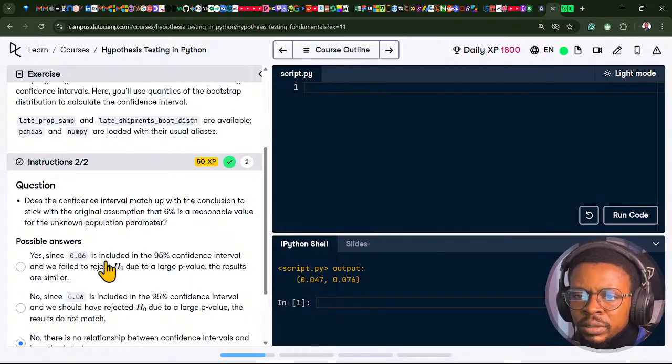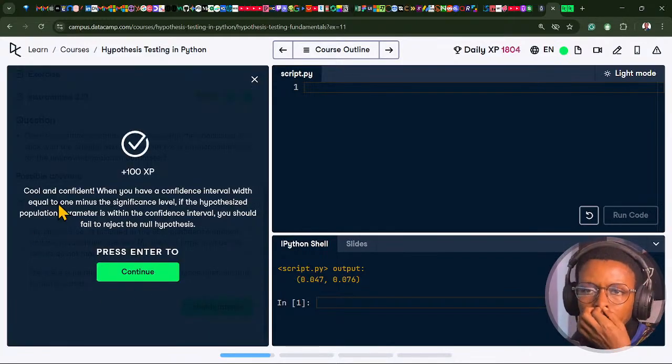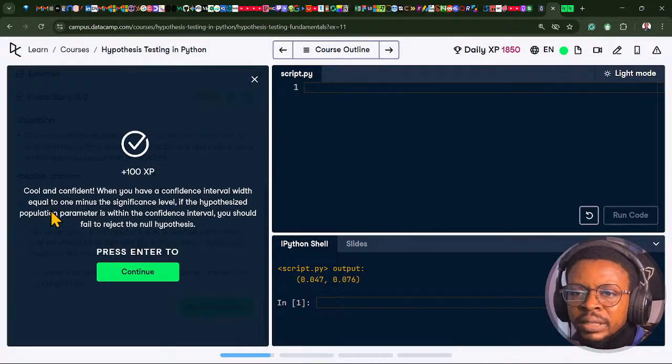Since 0.6 is included in the 95% confidence interval, we fail to reject the null hypothesis due to a larger p-value. So when you have a confidence interval level equal to 1 minus the significance level, if the hypothesized population parameter is within the confidence interval, you should fail to reject the null hypothesis.